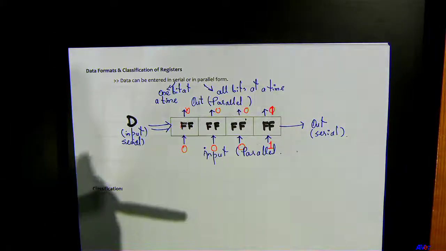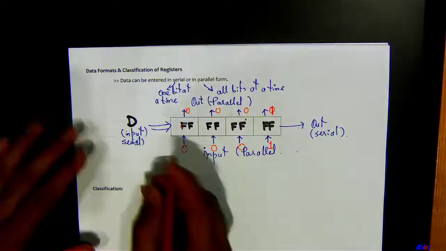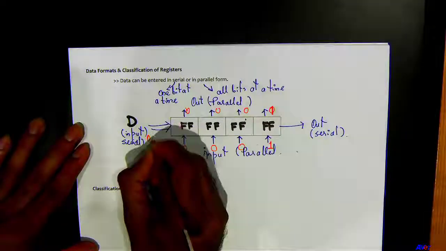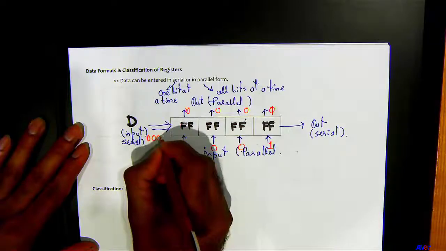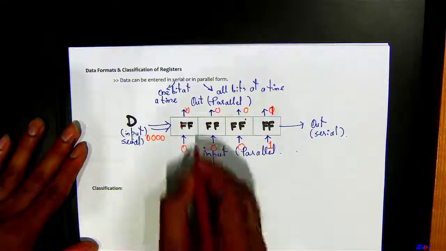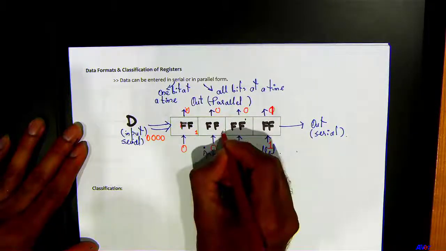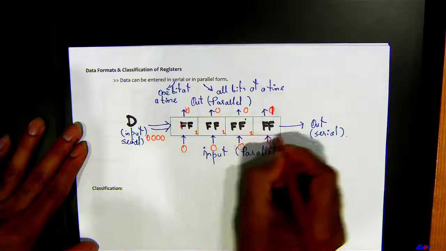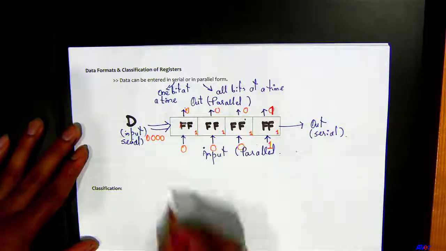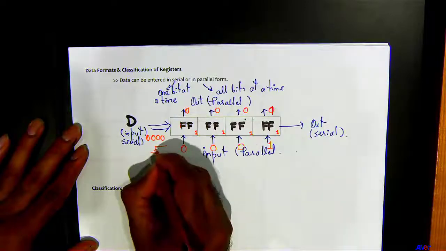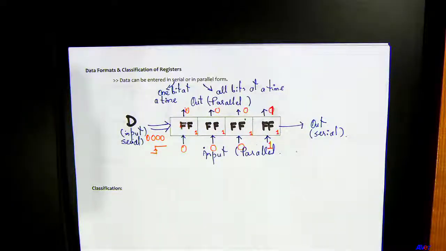Now say you have serial in and serial out, so say you have a series of data coming in, 0 0 0, and initially it was all 1 1 1 and 1. When the first clock cycle comes in, what would be the output? What comes out?